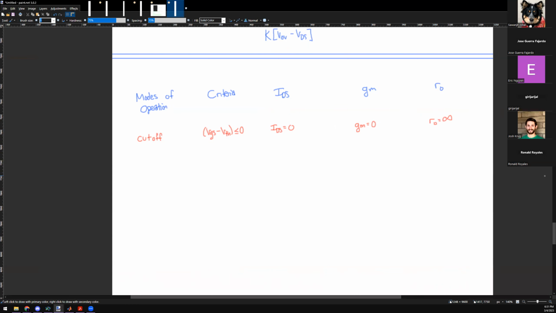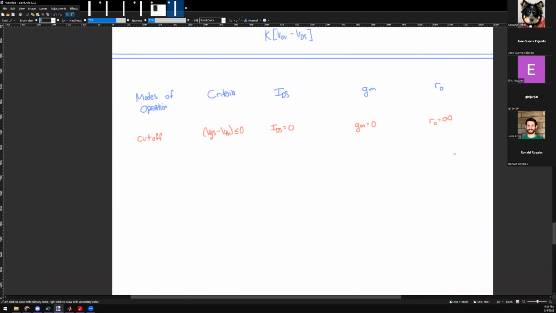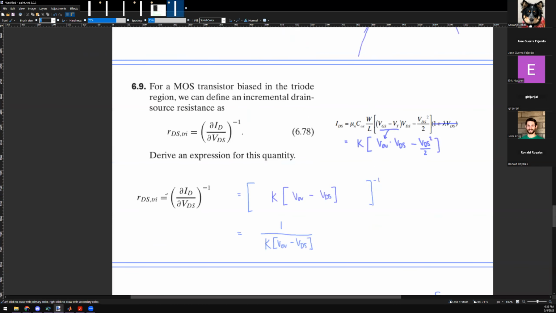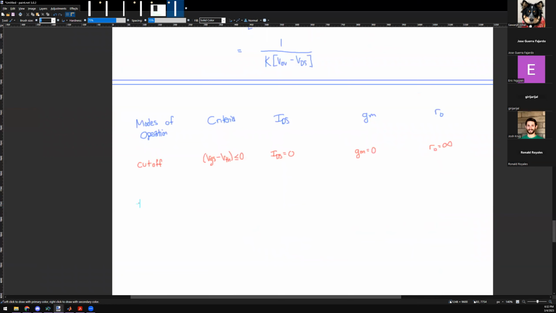Oh, 1 over lambda IDS is for which mode of operation? That's for linear and saturation. Incorrect, it's only for one of them. For saturation? Saturation. We just found what RO is for triode, didn't we? Yeah, we did. Every operation mode has its own set of equations. That's the key takeaway.